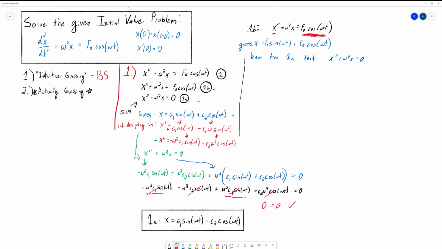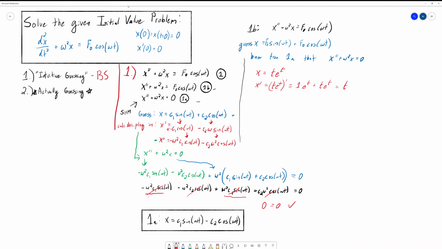In particular, you might have noticed that if you have something of the form, for example, let's say x equals t times e to the t, well, the first derivative of that, we're going to use the product rule here. This is going to be the derivative of t, which is just 1, so 1 times e to the t, plus t times the derivative of e to the t, which is just e to the t.